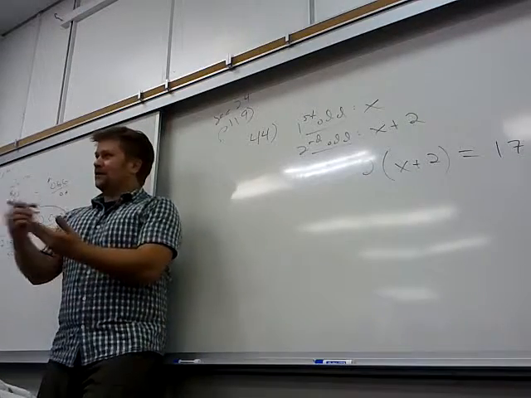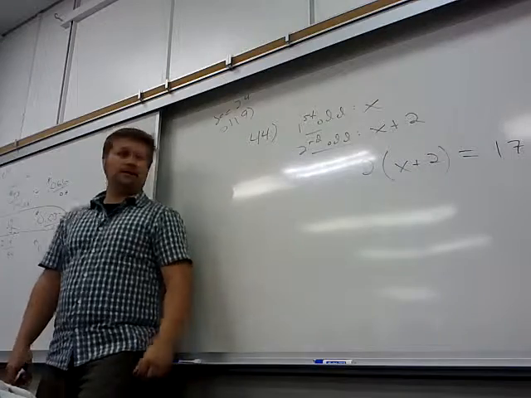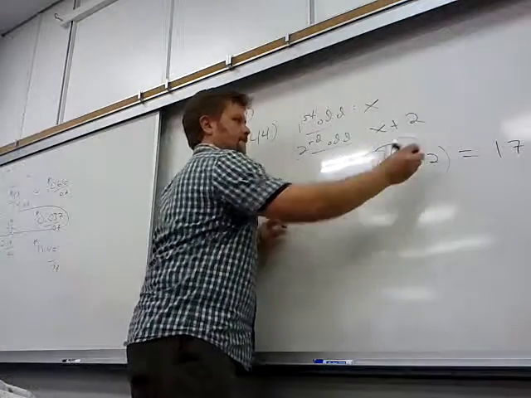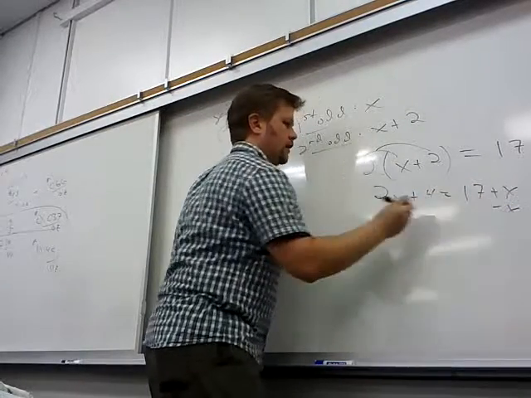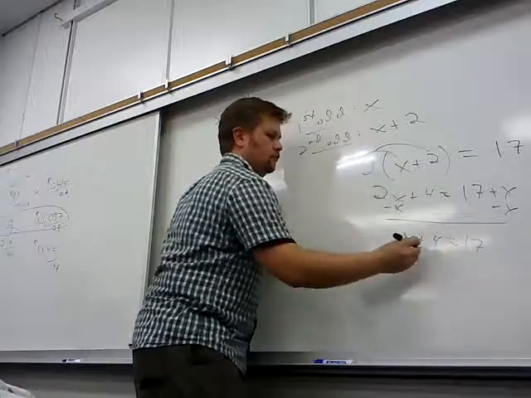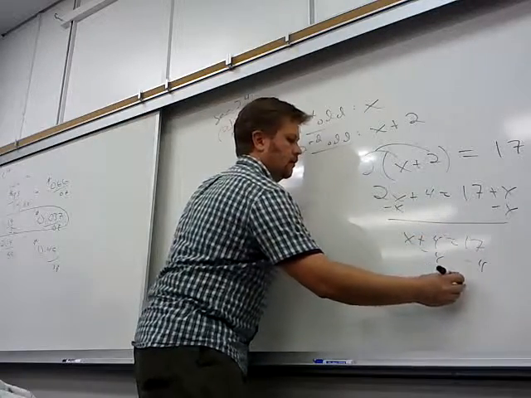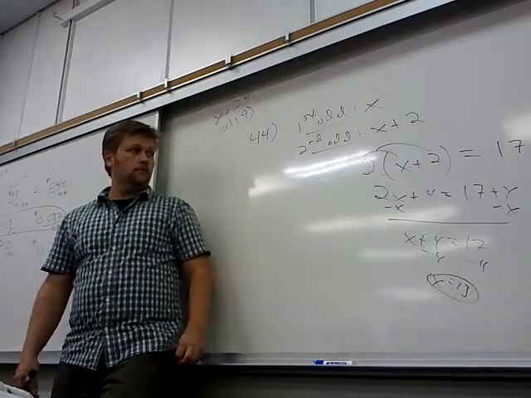Now let me just solve this equation. Let's see, what do we get? 2x plus 4 equals x plus 17. So subtract x. Subtract 4. How did you know to subtract the x instead of the 4?